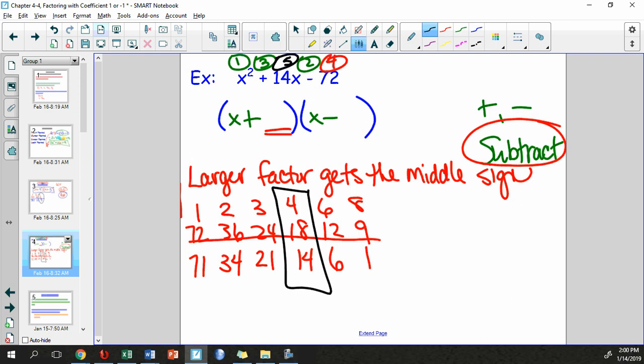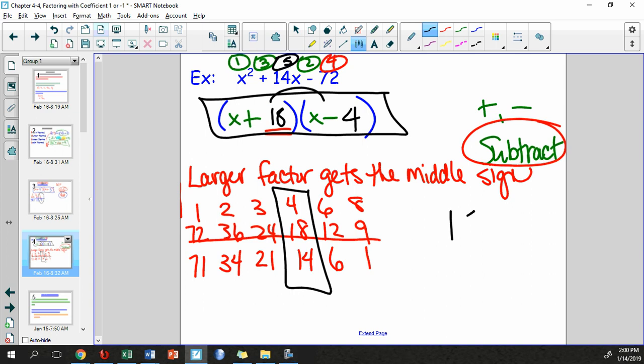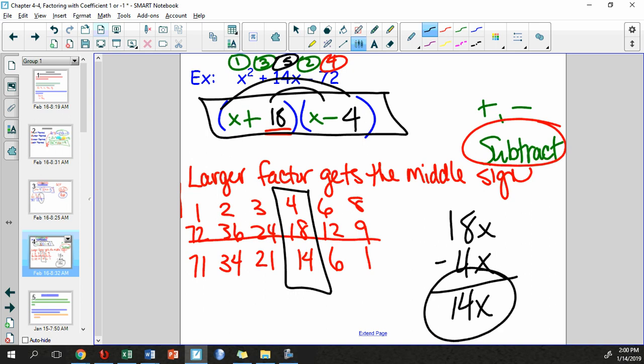The middle sign is plus. 18 is larger, so 18 goes there and 4 goes there. Do we see that, yes or no? How do I check to know that I'm correct? I simply do inner, which gives me an 18x, and outer, which gives me a negative 4x. And when I combine them, it better give me my middle term of 14x, which I know I am correct.